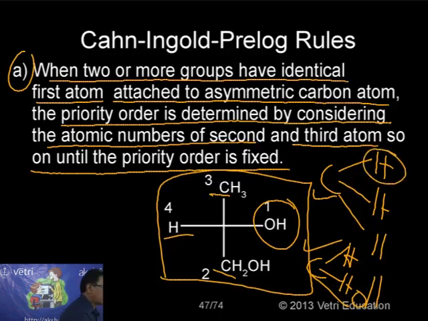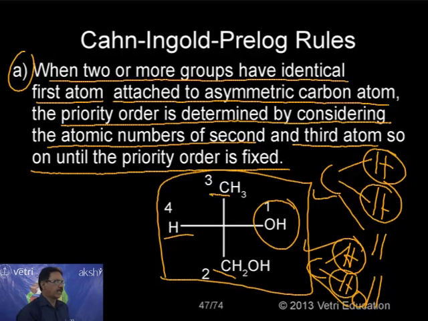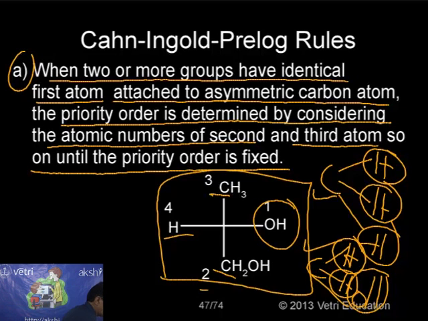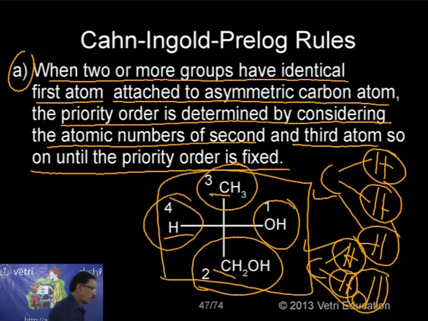The next one is hydrogen in CH3 and again hydrogen in CH2OH. Equal. The next is another hydrogen in the methyl group and another hydrogen in CH2OH, identical. Now the third hydrogen in CH3, whereas in CH2OH it is an OH group. So the OH group takes priority over hydrogen, and automatically CH2OH is number 2. So OH is number 1, CH2OH is number 2, CH3 is number 3 and the lowest atomic number, hydrogen, is number 4. This is the way we have to give the priority order.